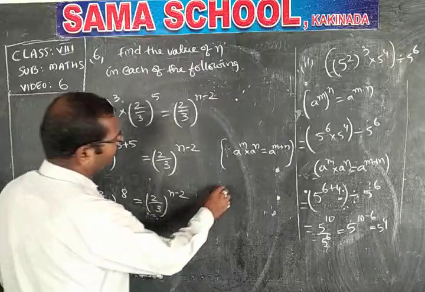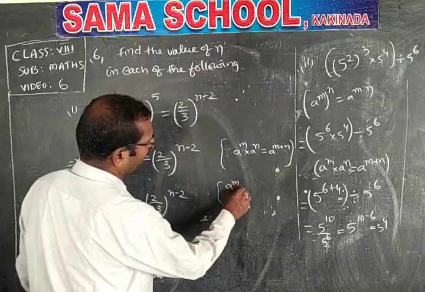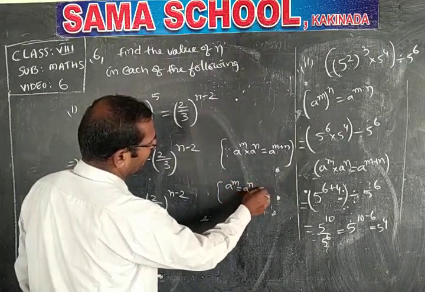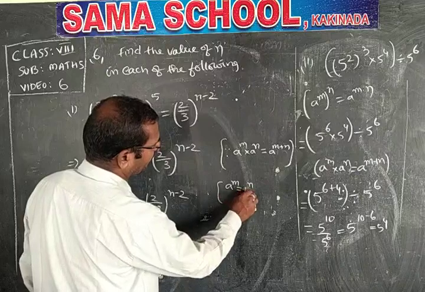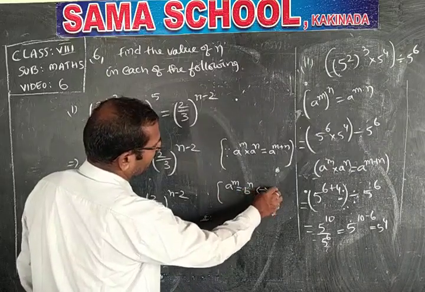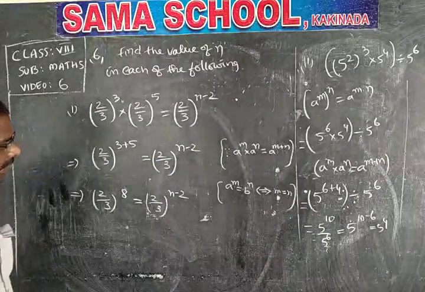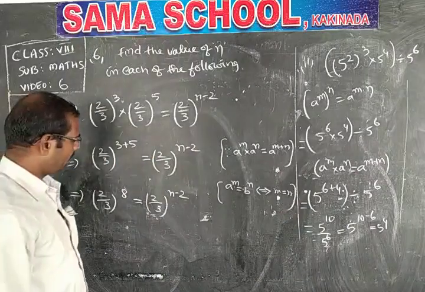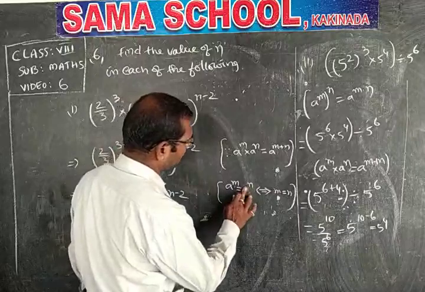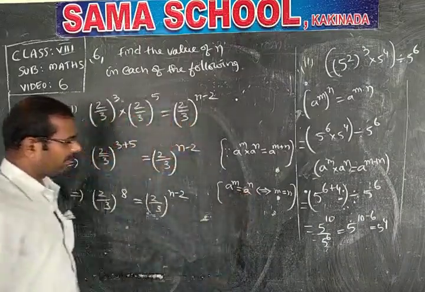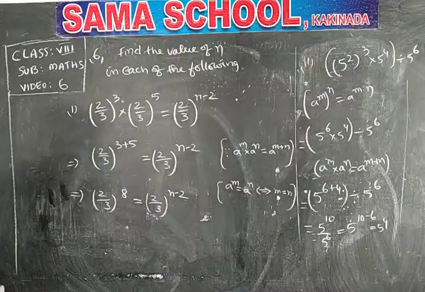Here also a very important formula: a^m is equal to a^n if and only if m is equal to n. Whenever the bases are equal, you have to write m is equal to n.